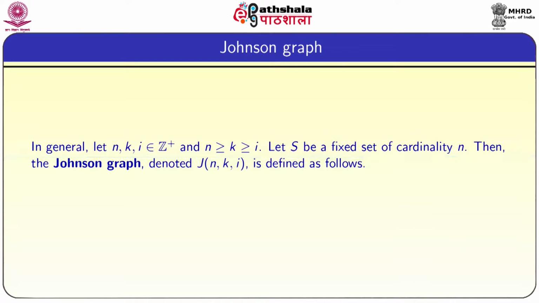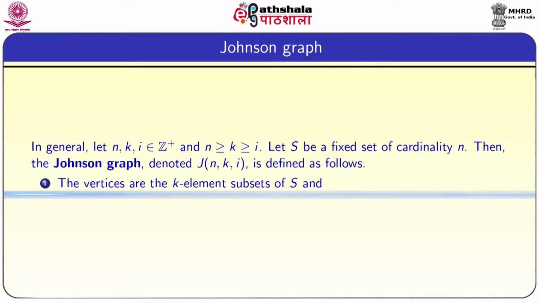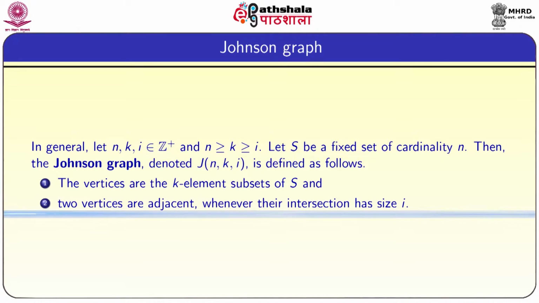Let n, k, i belong to Z plus, n greater than or equal to k greater than or equal to i. Let S be a fixed set of cardinality n. Then the Johnson graph, denoted J(n,k,i), is defined as follows. The vertices are k element subsets of S and two vertices are adjacent whenever their intersection has size i.